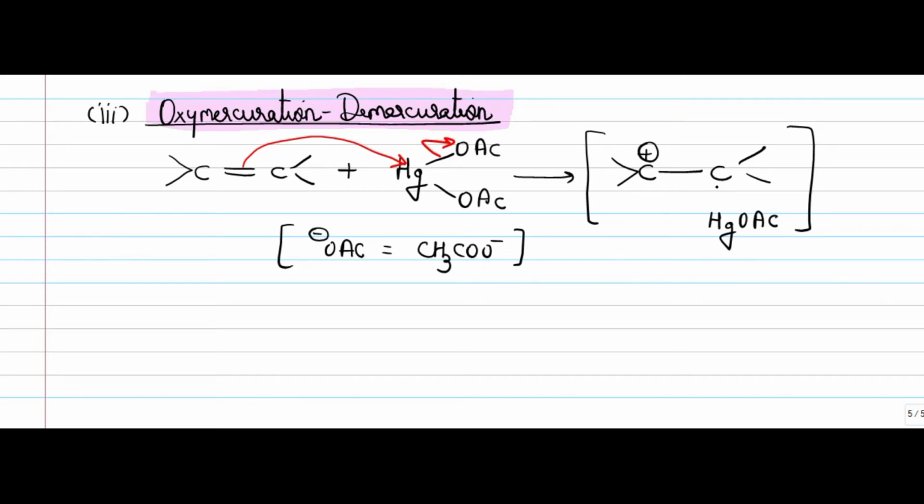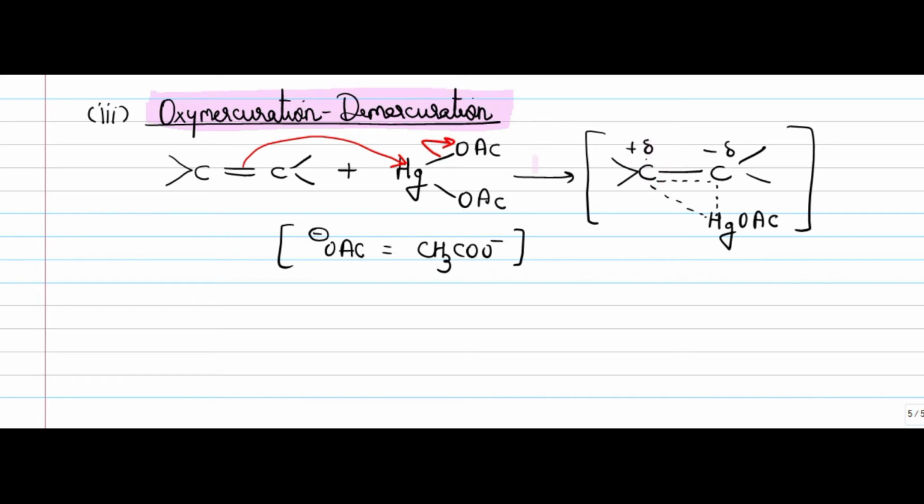And that would be nothing but this now becomes partially positive, right? And this becomes partially positive, and this is partially negative. Now here you can see that the electrons of pi bond generate this cyclic intermediate. Now the question is, where would the positive charge be? Why is positive charge on this carbon more settled?